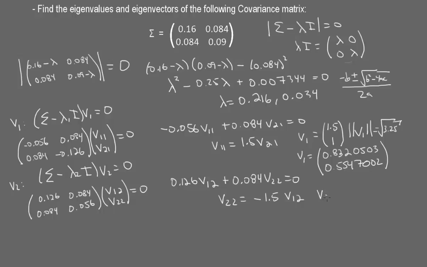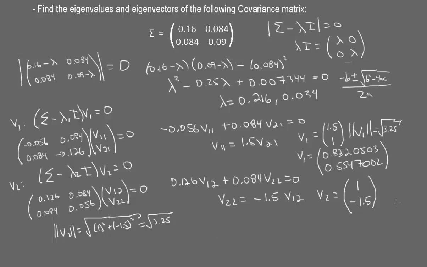So our v2 is simply, we can set v12 equal to 1, and that means that our v22 is negative 1.5. Now we need the length of v2. The length of v2 is the square root of 1 squared plus negative 1.5 squared, and that gives us the same thing as before, the square root of 3.25.